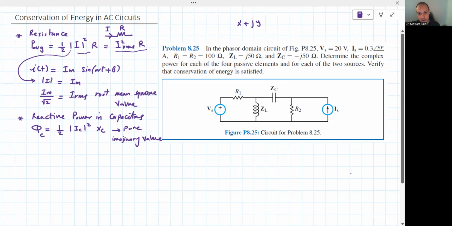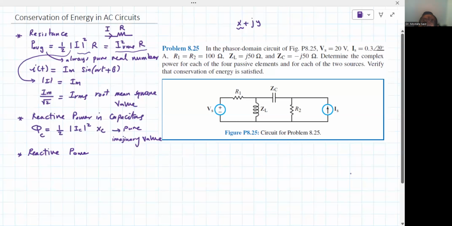QC is always jy, it always has j, there is no real part. And average power, on the other hand, is always a pure real number. There is no j, it's always x. Good.